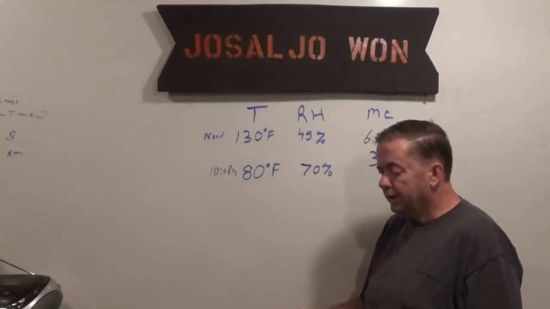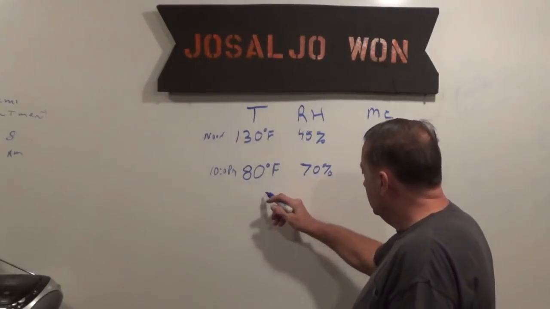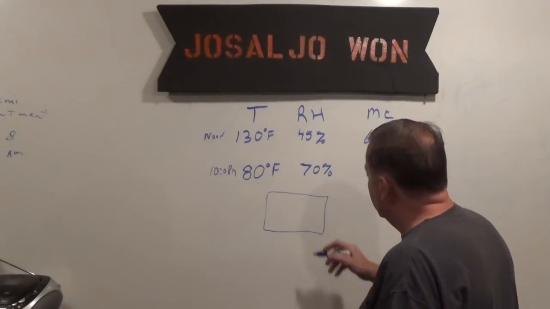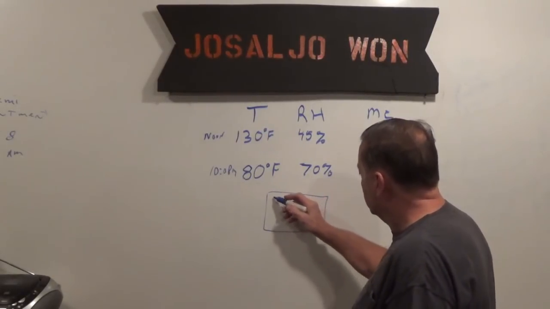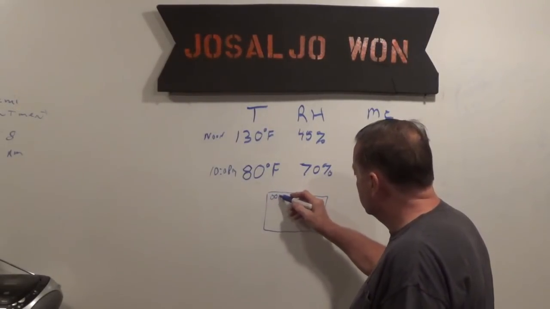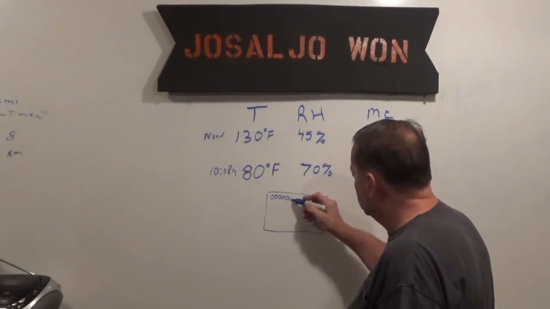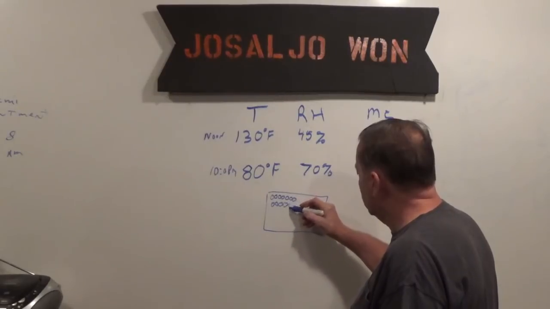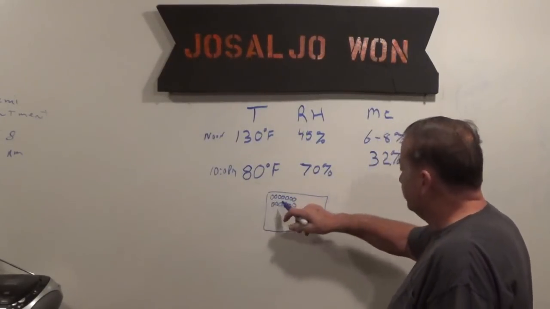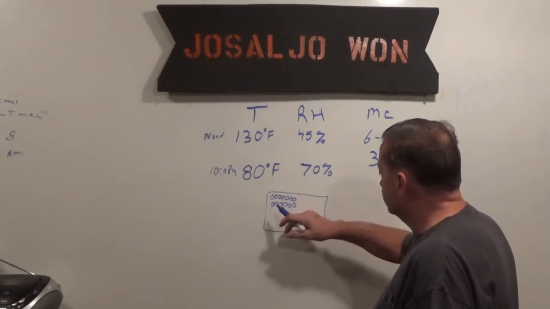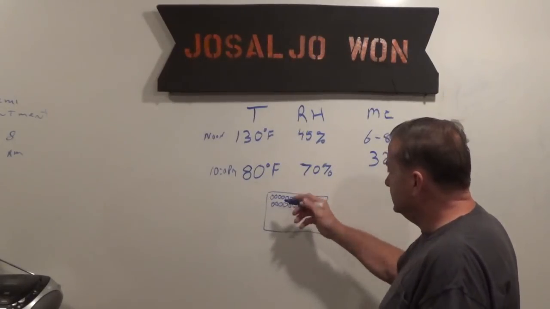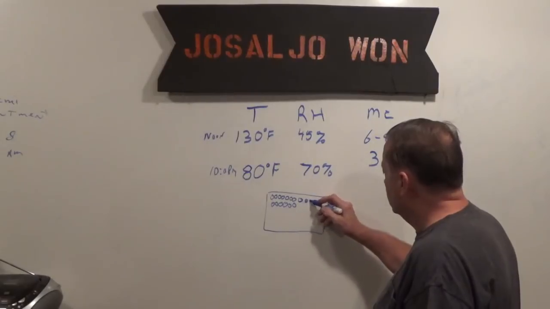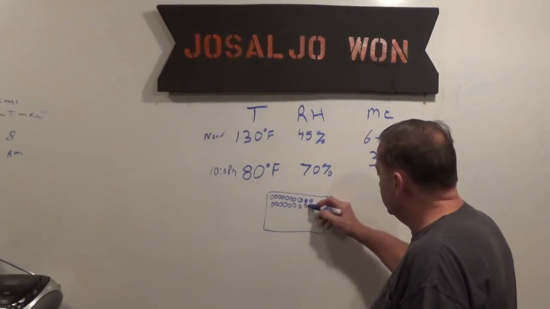Now, here's how that works. Just imagine a volume of air, okay? At a given temperature, the air molecules are closer together than they are when the temperature is hot. So in other words, let's say this is a normal temperature of, I don't know, 60 degrees. The point is you have air molecules in there.